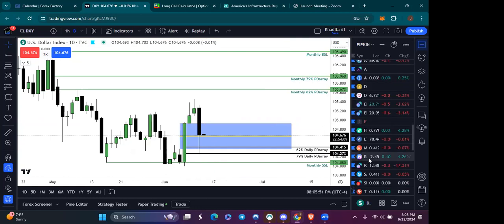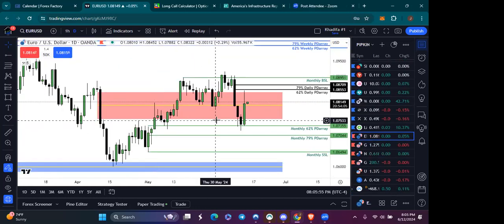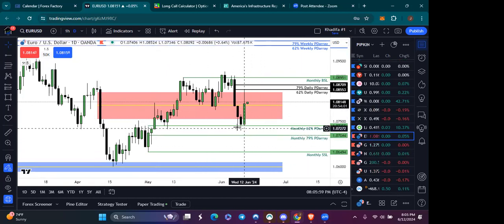So with that being said, we came down into the PD arrays that we wanted to see price come down into from Monday, right? Came down into them, and then today gave us a nice push up off of them. So if the dollar continues to push us down, then of course we expect euro to continue to the upside.